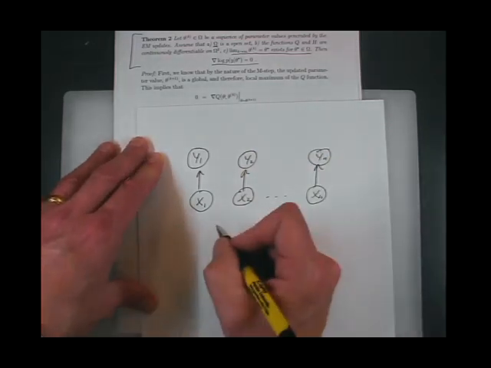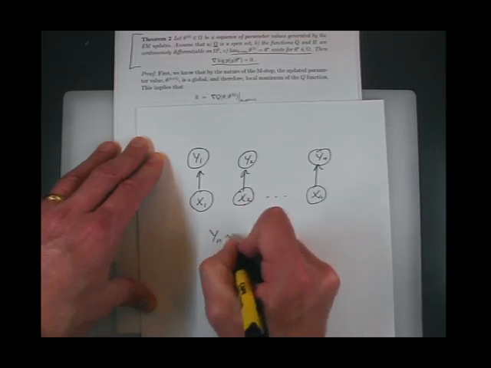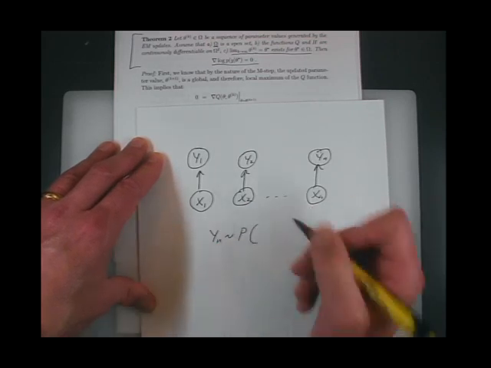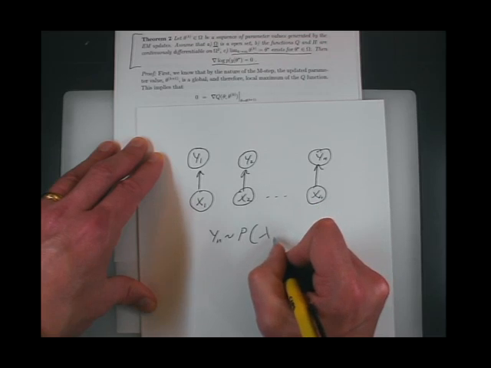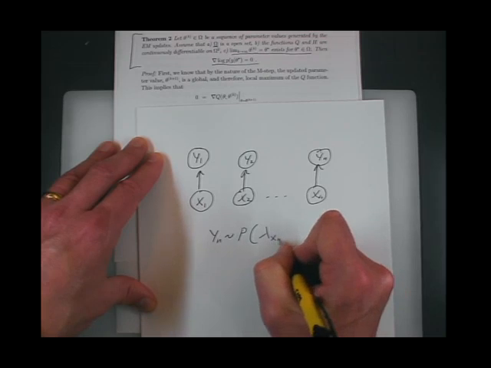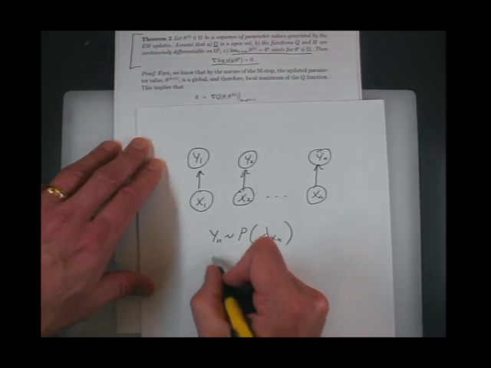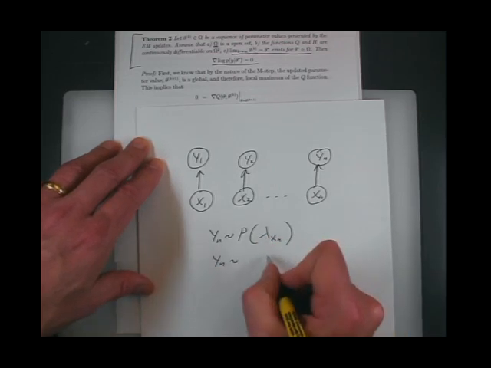Now, let's say that Yn is distributed as Poisson with mean lambda Xn. Now, we know the distribution of a Poisson random variable. Help me here, guys.